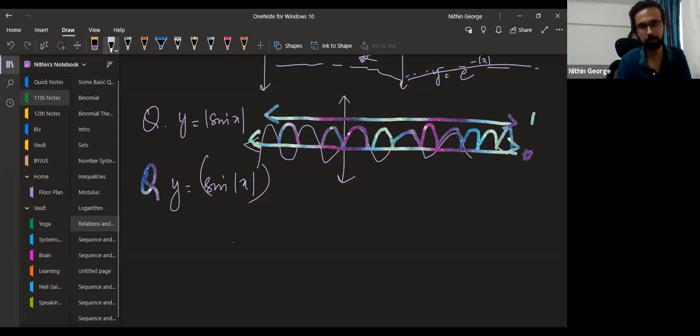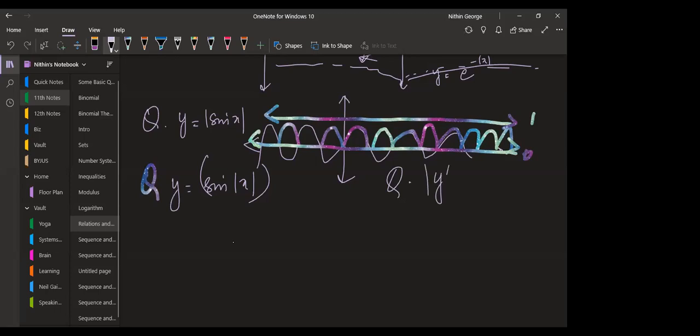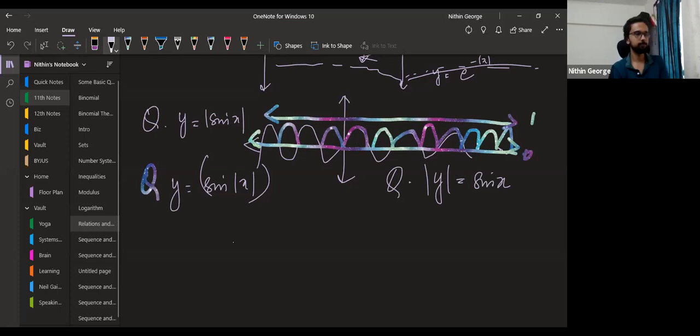I'll tell you a next question also. The next question will be mod y equal to sin x. Come on. Solve this, solve this.